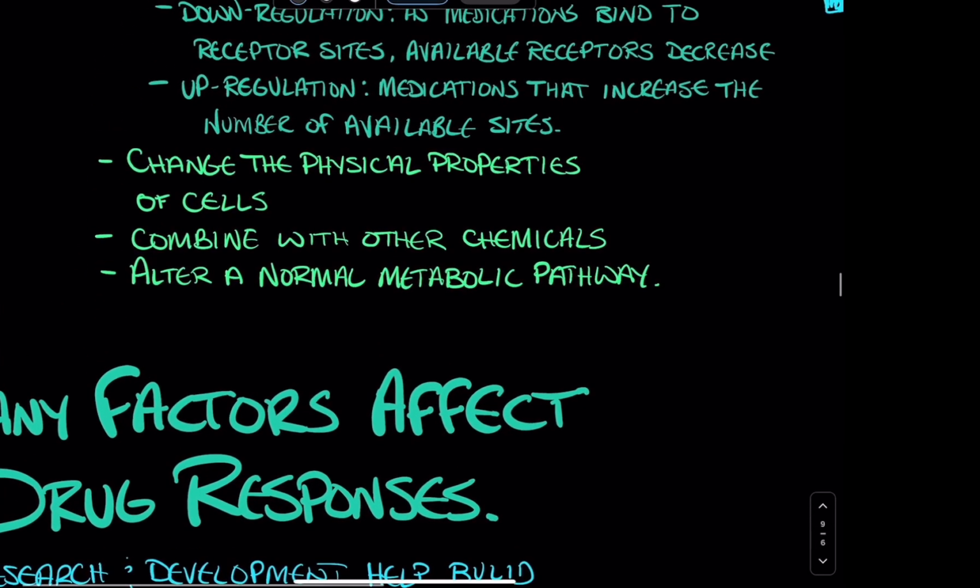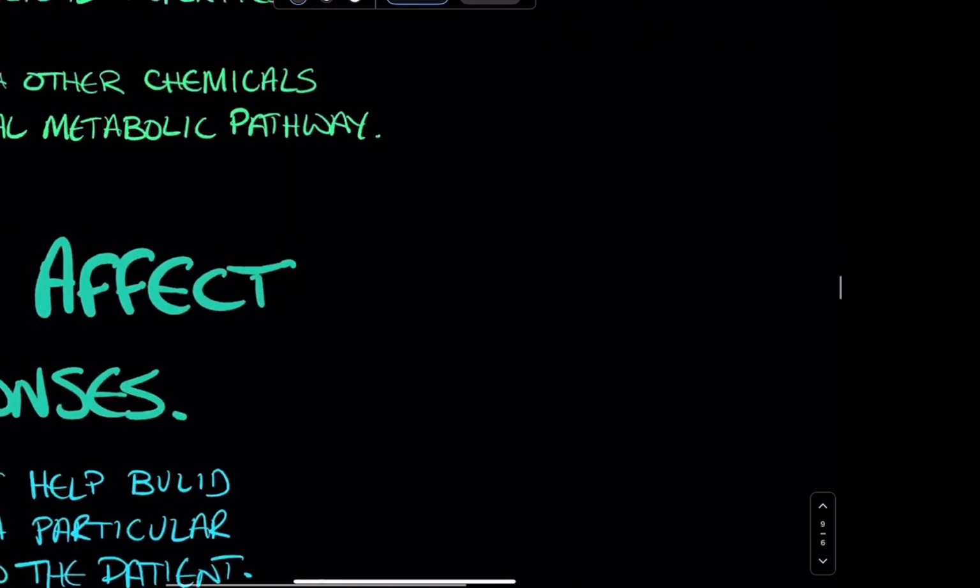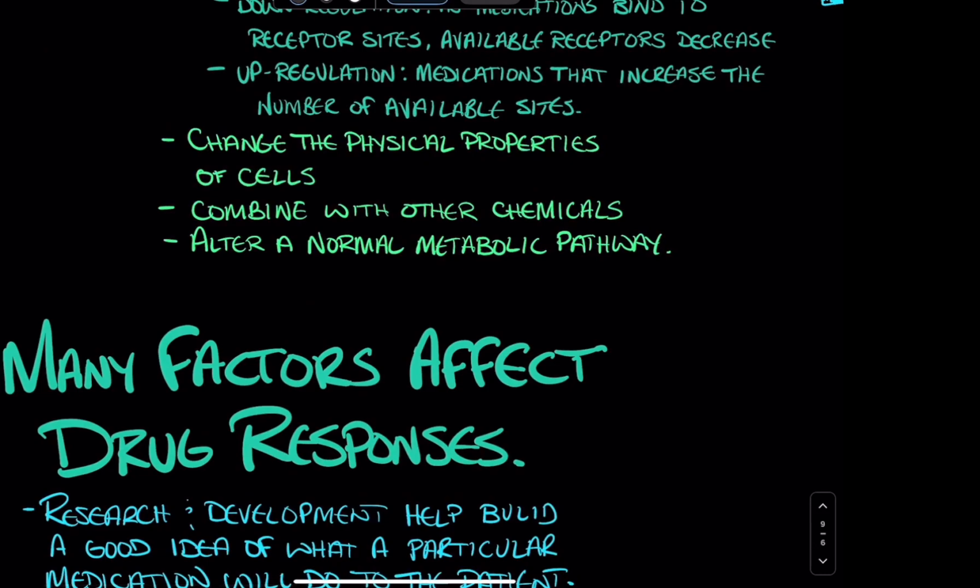The other mechanisms: one is going to change the physical properties of a cell. That can be something like the cellular membrane, maybe a protein on the outside of it that's going to change how much glucose it absorbs, or how much sodium it absorbs.